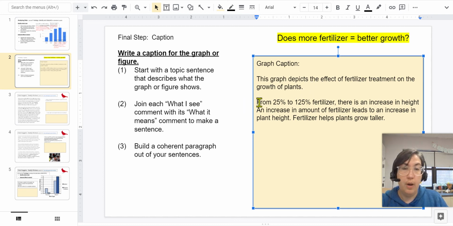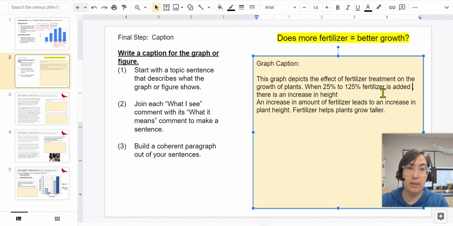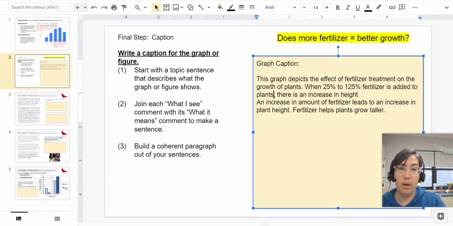All right, so from 25% to 125% fertilizer. Now let's change that. When 25% to 125% fertilizer is added to plants, there is an increase in the height of the plants.